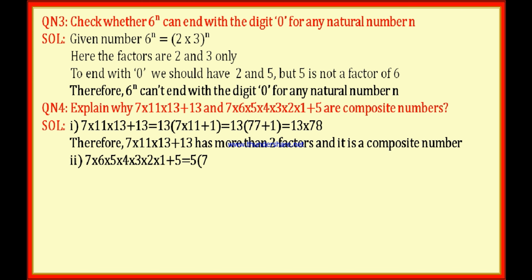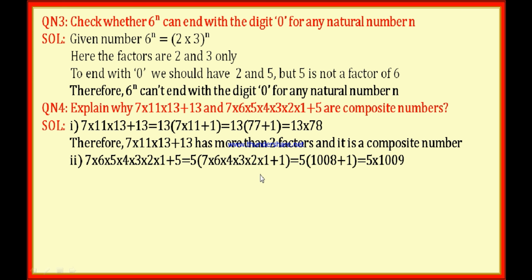And the second bit, 7 into 6 into 5 into 4 into 3 into 2 into 1 plus 5, and again you take 5 common. Then you have 7 into 6 into 4 into 3 into 2 into 1. If we take 5 common from 5 into 1, we have 1.